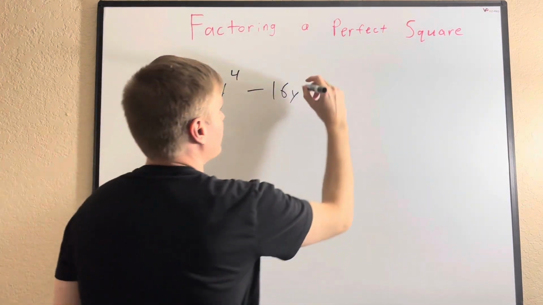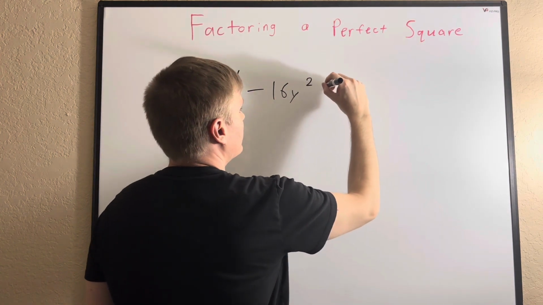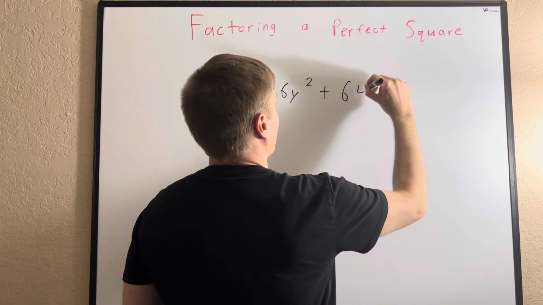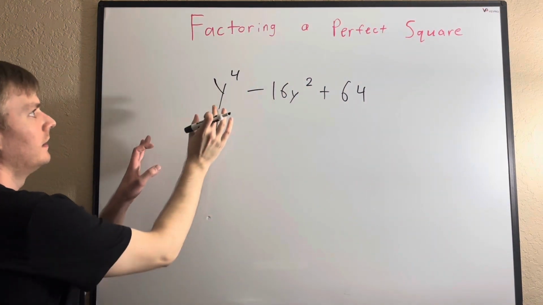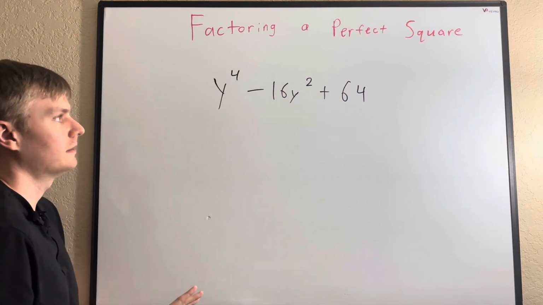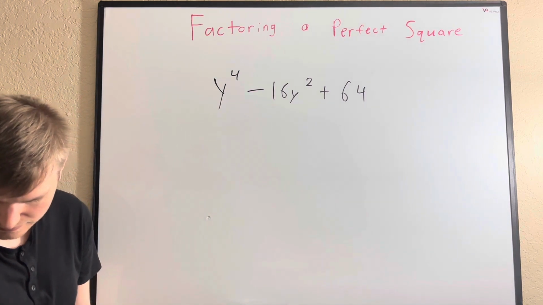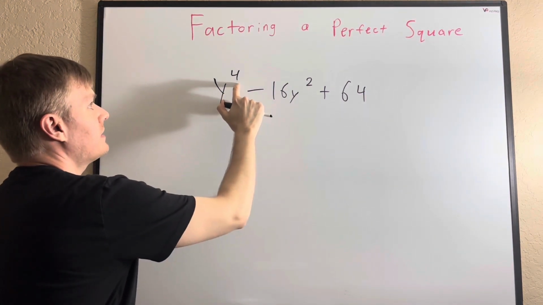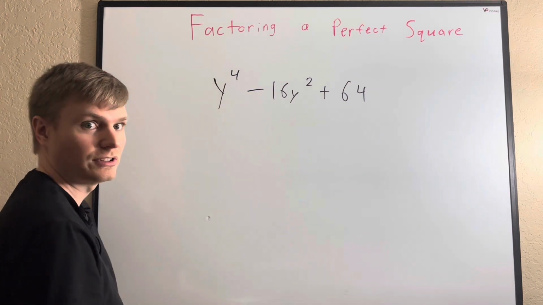And instead of being just y squared, it's y to the fourth. What? That is still a perfect square. In fact, any variable to the power of an even number is a perfect square.